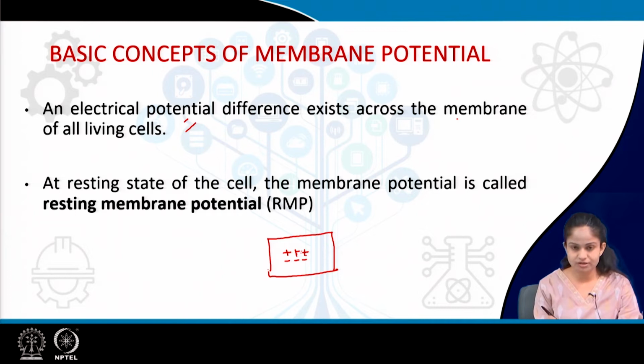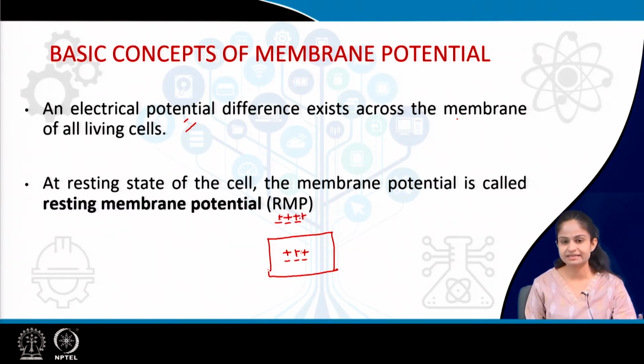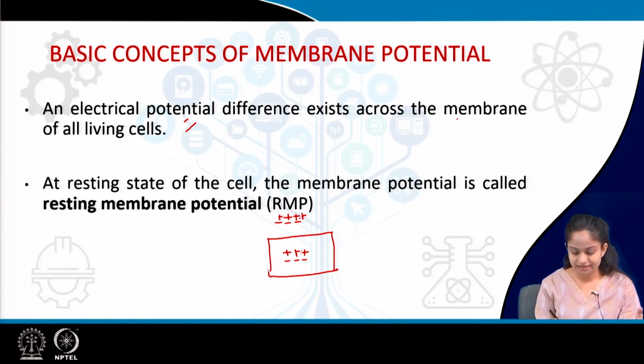Again extracellularly we have similar, equal charges, both cations and anions, so that we also consider as electroneutral. But at the surface of the membrane and just below the membrane, there are differences of charges.